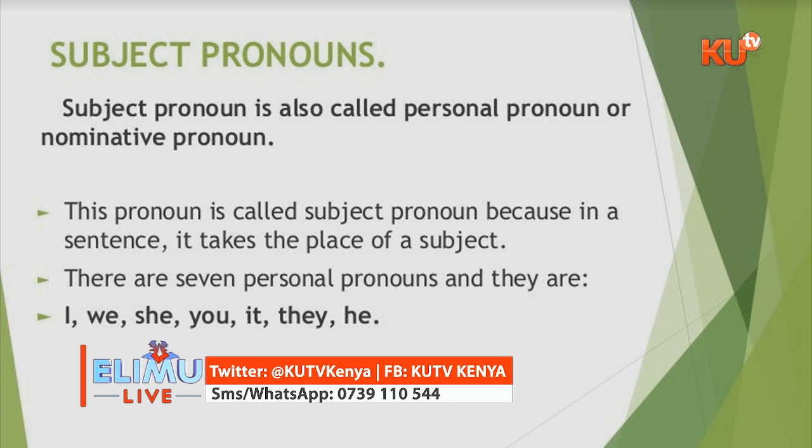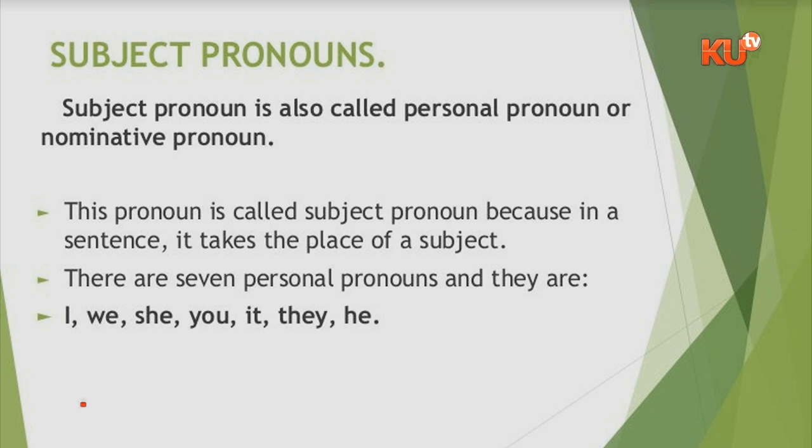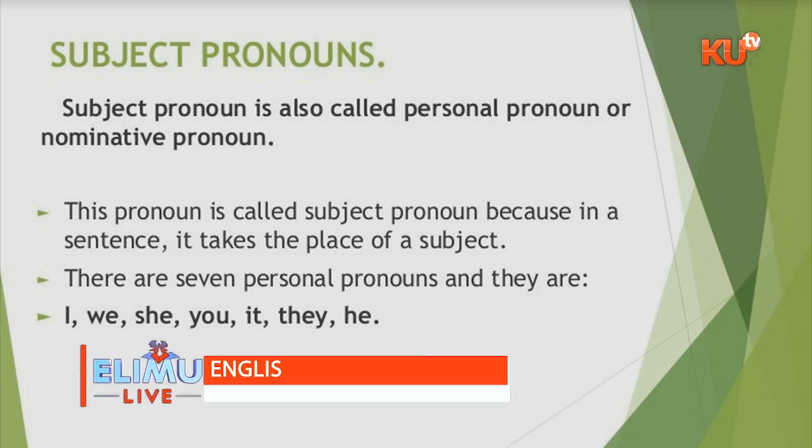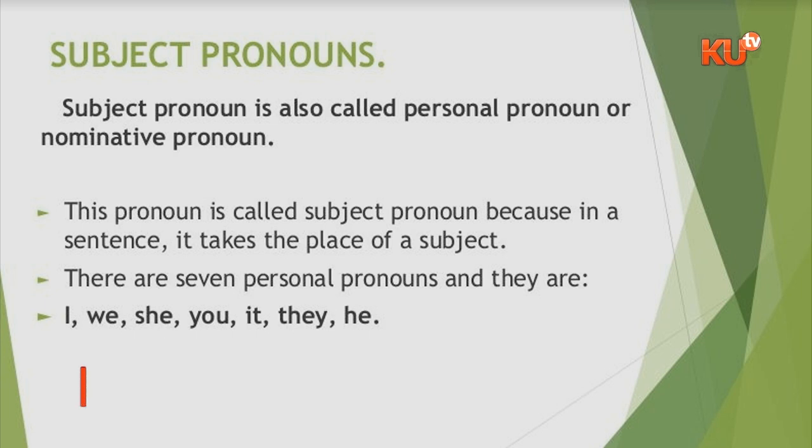Now, why is it called subject pronoun? The answer is very simple. It is called subject pronoun because whenever it is used in a sentence, this pronoun takes the place of a subject. I repeat, why is it called subject pronoun?